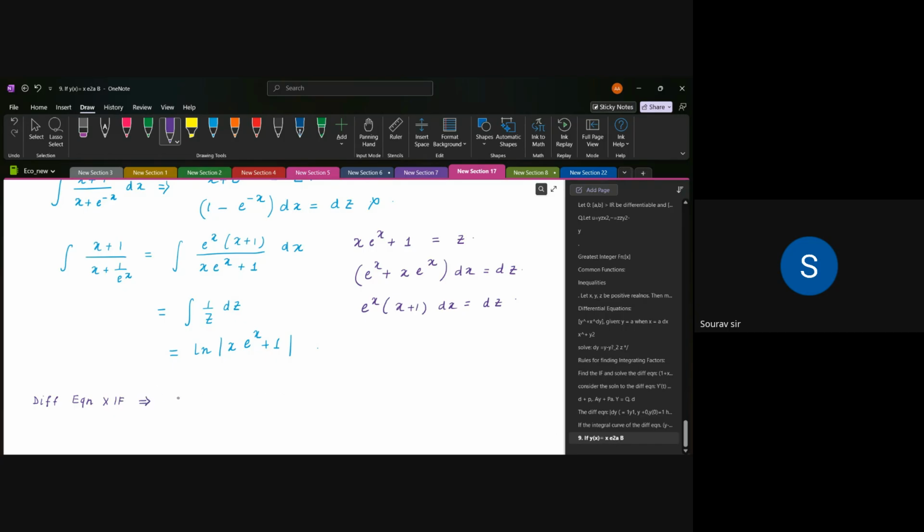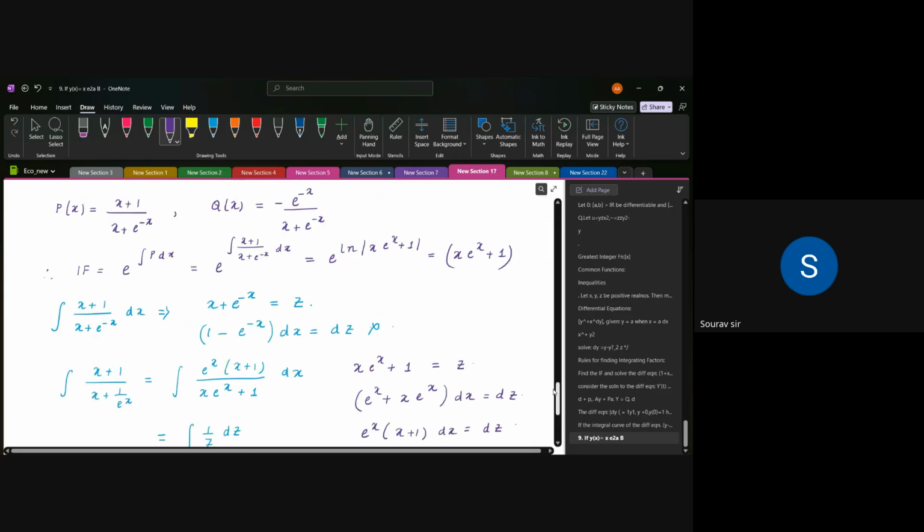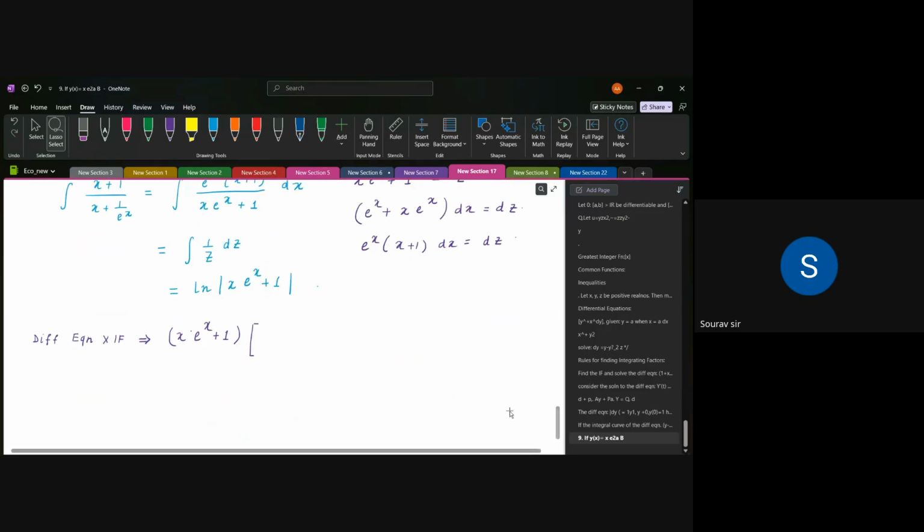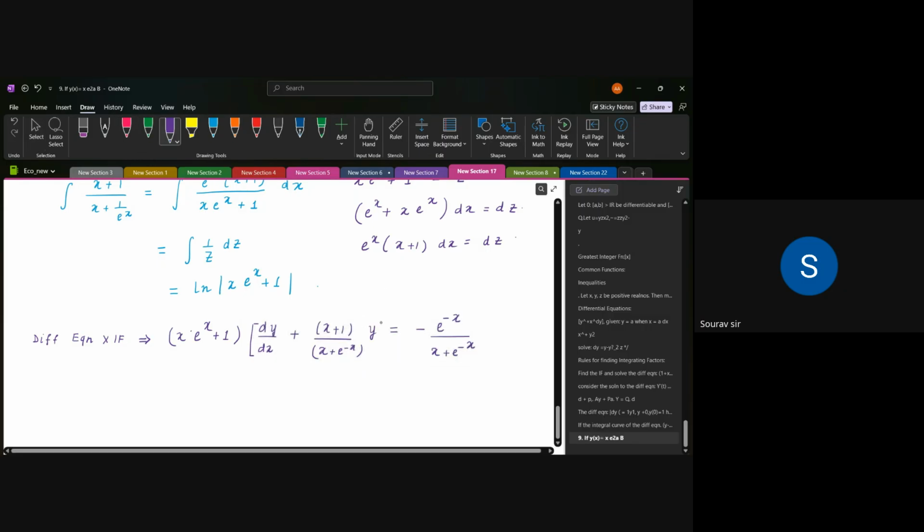So this will be (x into e to the power x plus 1) times this into y and this into (x into e to the power x plus 1).